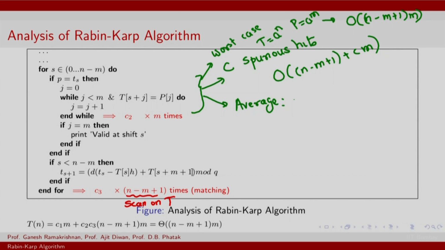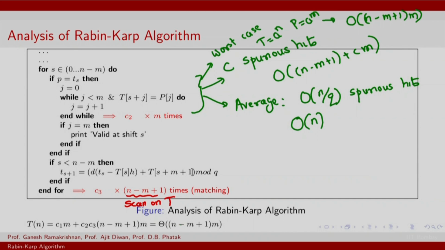So on an average one can expect order of n by q spurious hits. Basically that an arbitrary T will be equivalent to P modulo q can be estimated to be 1 by q, and there are only order n positions, so this leads to order of n by q spurious hits, and one can show that the running time in the average case is basically order of n.